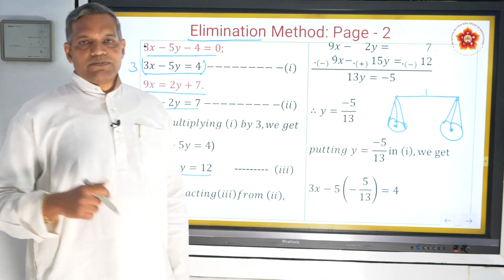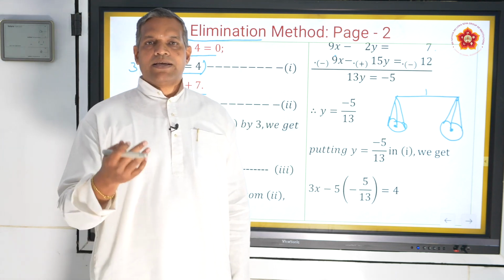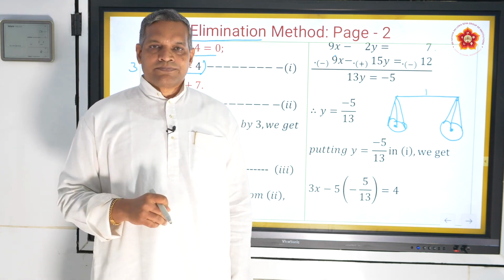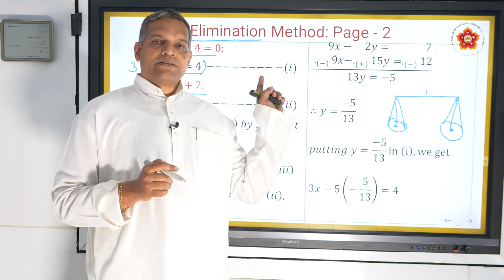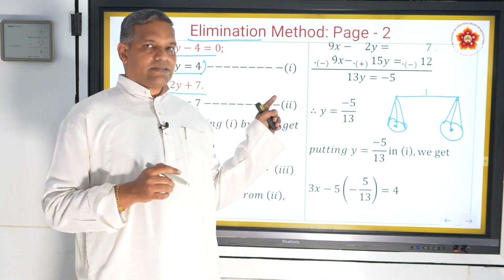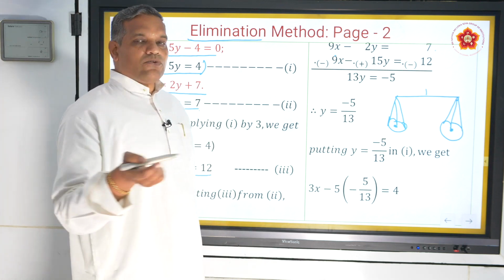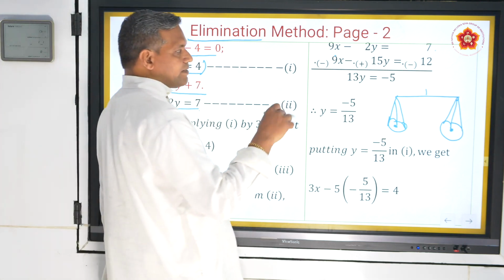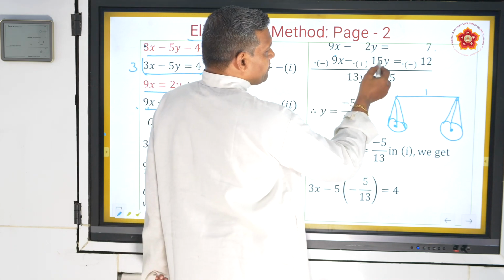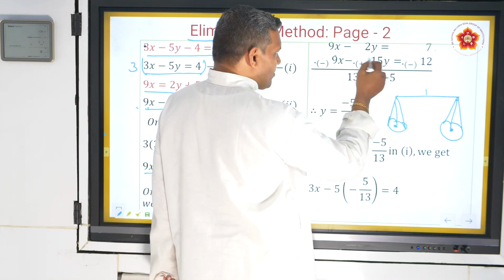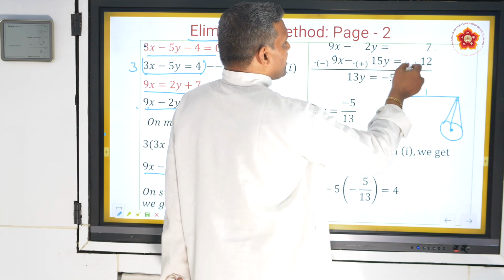The problem here is both of them are positive. If I add 9 plus 9, it will become 18x. What is the technique here? Remember, my choice last time was addition. My choice here is subtraction. When I am subtracting, you know the rule from 9th: change the signs of the subtrahend. Plus 9x will become minus 9x, minus 15y becomes plus 15y, plus 12 becomes minus 12.